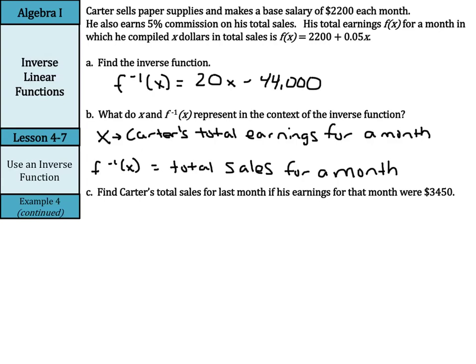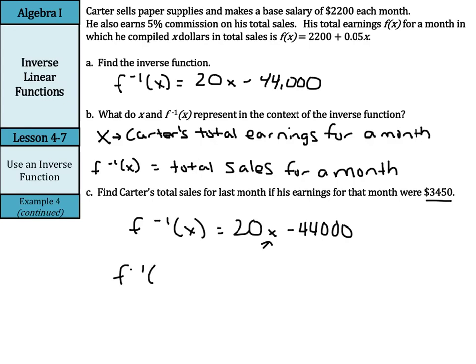So now when we look to find the total sales for last month, we can say f of negative 1 of x equals 20x minus 44,000. We can put in the 3450 for x.